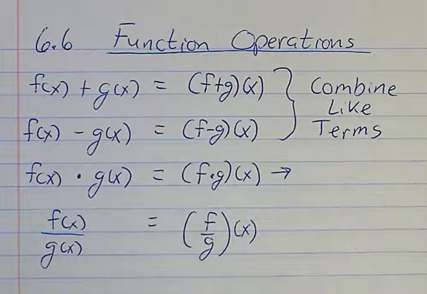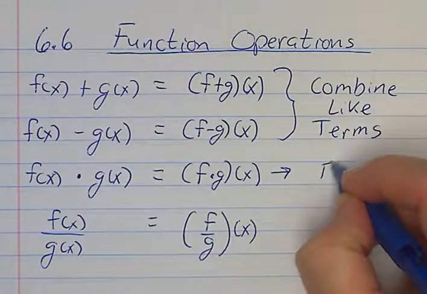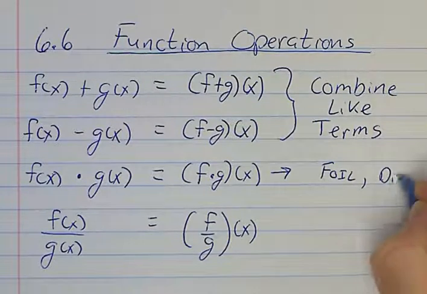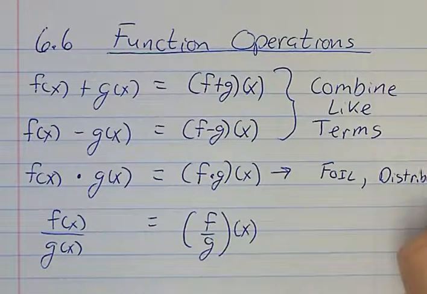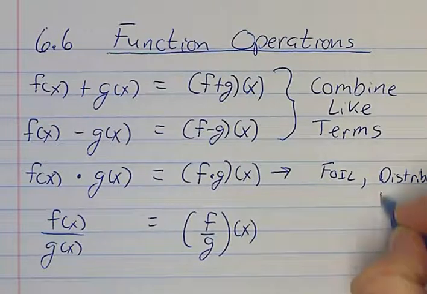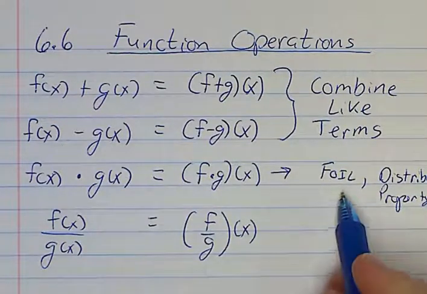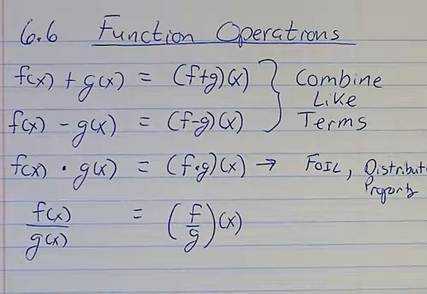And with multiplication, most of the time it's going to be the full method, maybe a little bit of distributive property. So that's pretty much your two options for that one. Probably full method is going to be your big one. You'll do a little bit of distributive property just based on the problems.